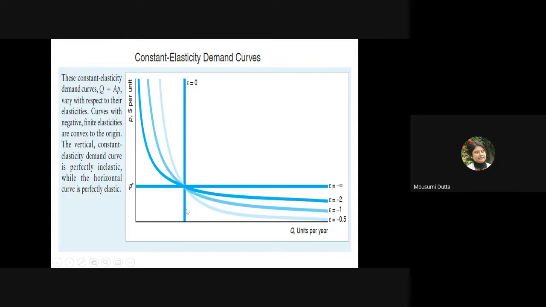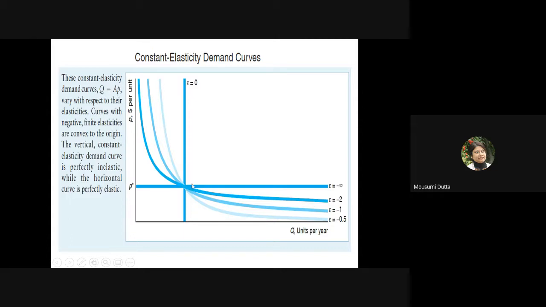So this is the bunch of rectangular or constant elasticity of demand curves, and it can take different values. Somebody told, we may consider the value to be this, value to be that, so always we will consider the standard formula.